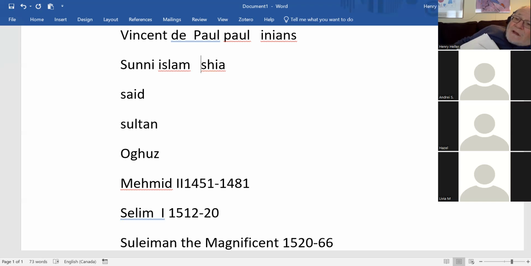Having said that, I want to point out to you that after 1945, just to round things off, there did develop in the Islamic world what we call radical nationalism.